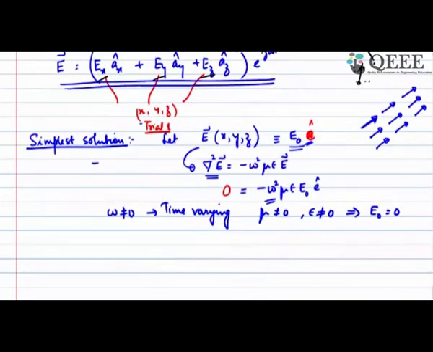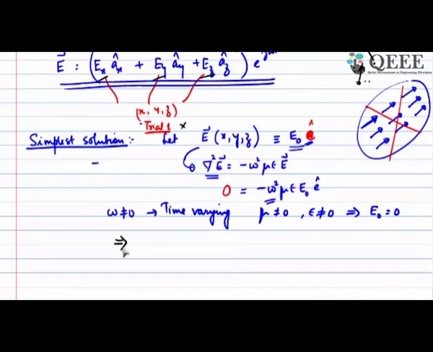Which means I cannot find a field like this. This is not an acceptable solution. The magnitude of the field is 0, which is a moot point. I cannot think about a solution where the field is 0. So that is a redundant solution, and this trial 1 is unsuccessful.